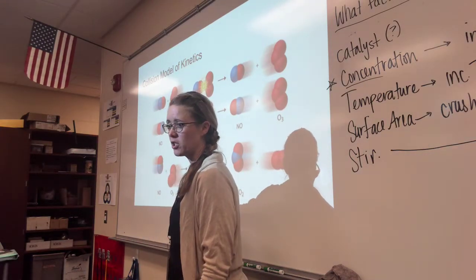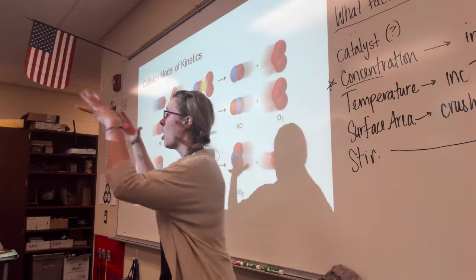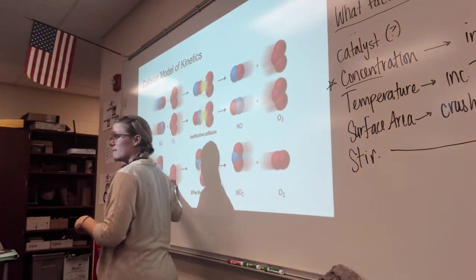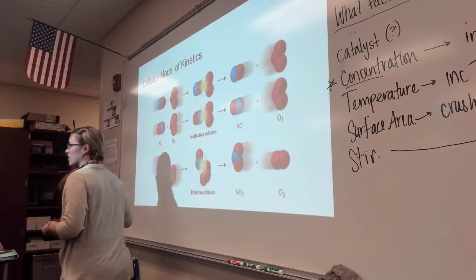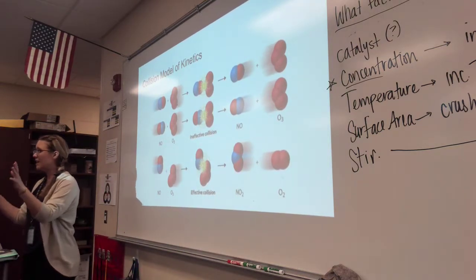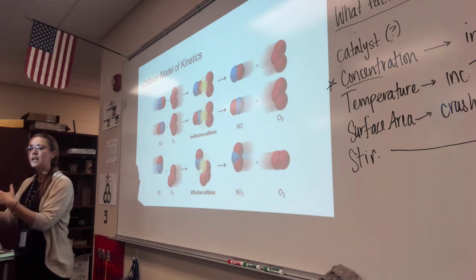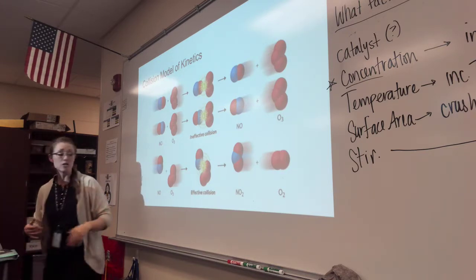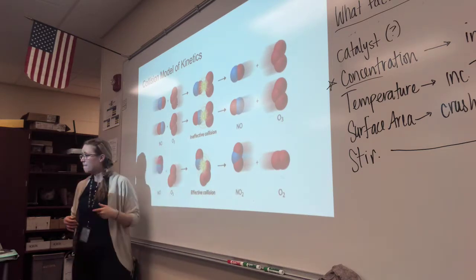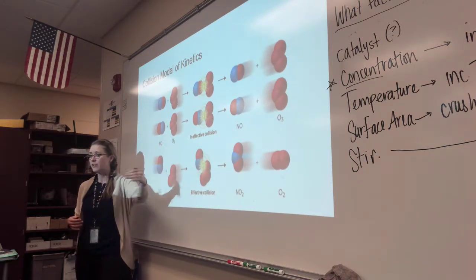If I decrease the volume by increasing the pressure, I make more collisions, which will make more reactions. If I add a catalyst, I add a molecule that will change the orientation or lower the activation energy, which means more reactions, more products. This theory, the collision model of kinetics, is how reactions happen.